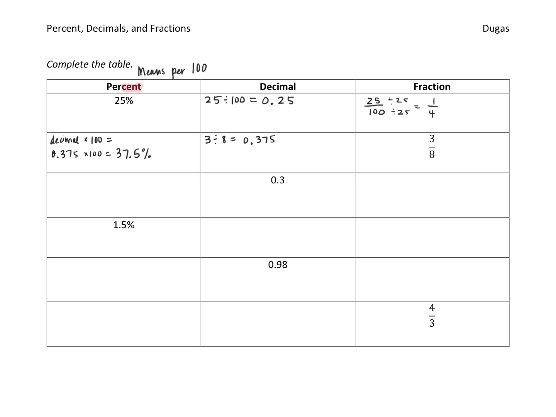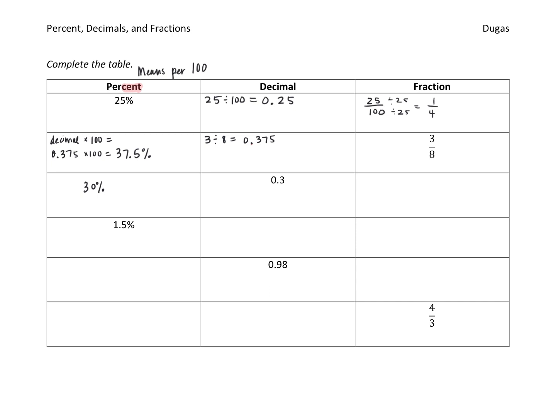The other way you can think about this is if you're multiplying by 100, it's the same as moving the decimal place 2 times to the right. So that's where you get the 37.5. Okay, so if you're starting with the decimal form, we just talked about changing from decimal form to percent. So 0.3 times 100 would be 30. So it would be 30%.